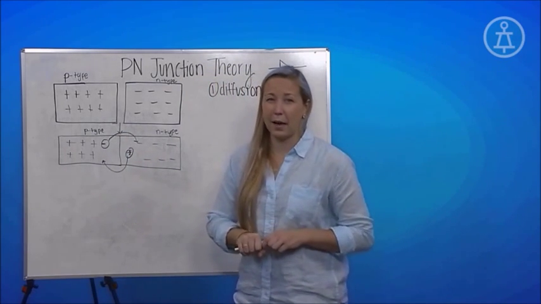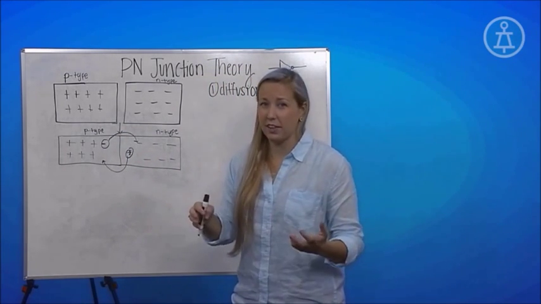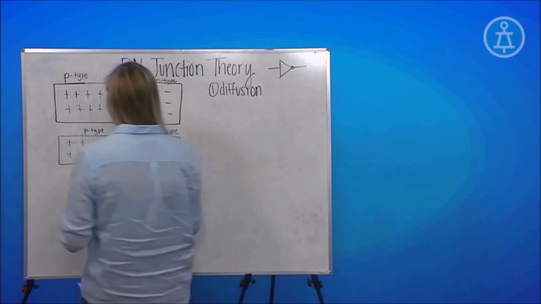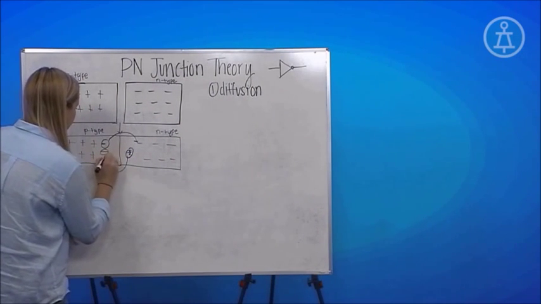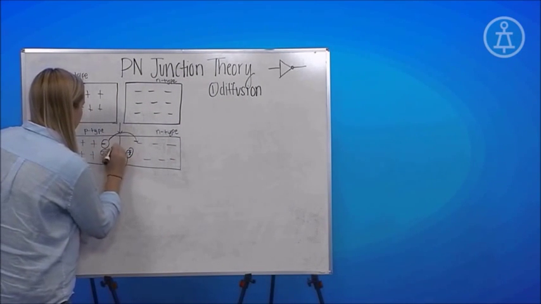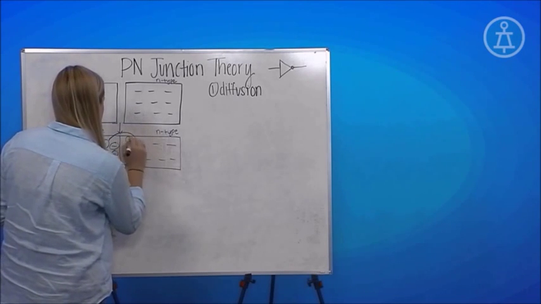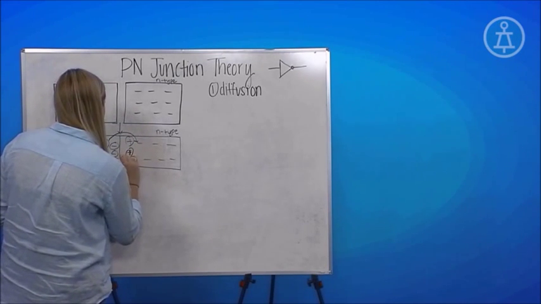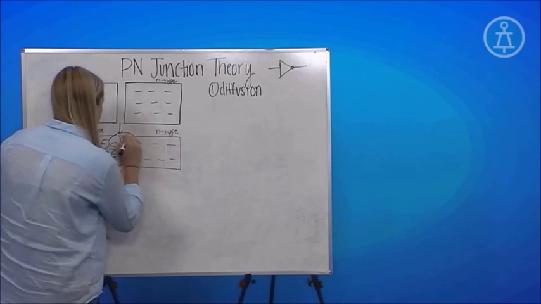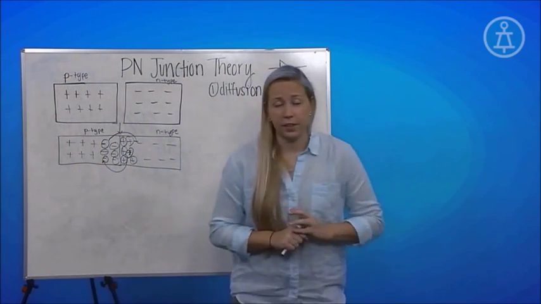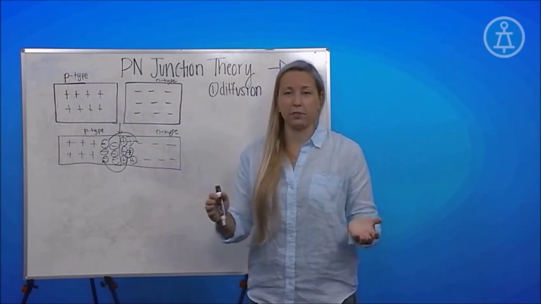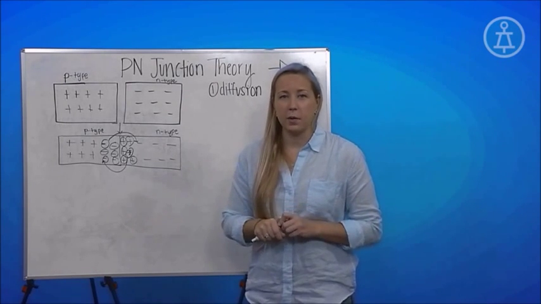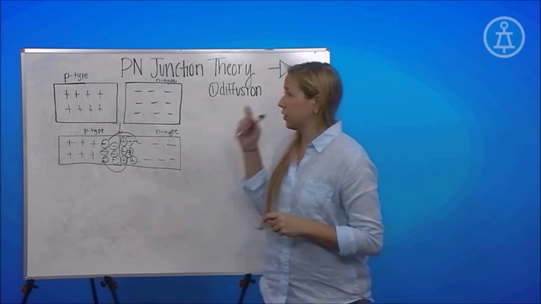So we see these lines of fixed charges at this boundary. If you recall from previous learning in physics, where there's fixed charge, there is an electric field. This built-in electric field is what causes the one-way direction of current in a diode.